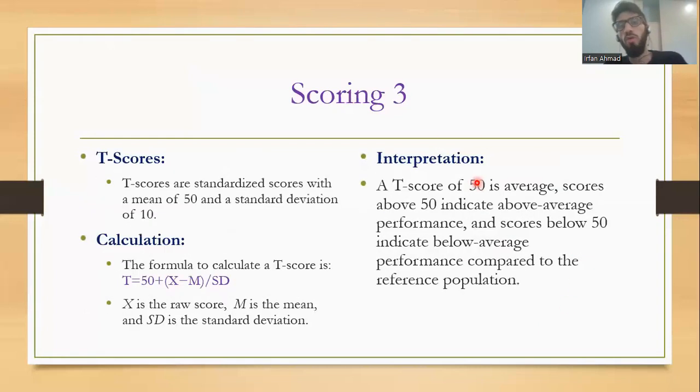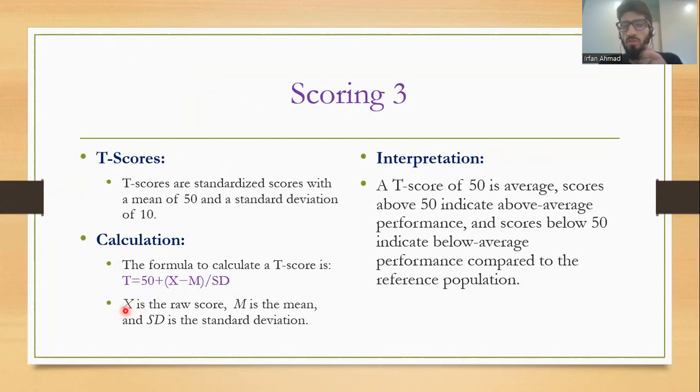Now coming to scoring method 3, this is the T-scoring method. This is also most popularly used. The T-scores are standard scores with a mean of 50 and a standard deviation of 10. And this is the formula for the T-scoring system. T is equal to 50, which is the mean, plus x minus m divided by standard deviation, SD. So what is x?